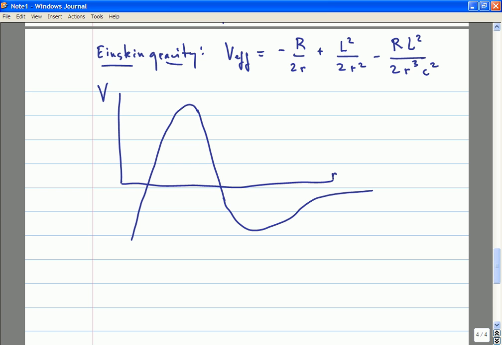Now, I have assumed in drawing this that L is sufficiently large. So, of course, if L is very, very small, then this middle term will always be negligible compared to the first two terms.